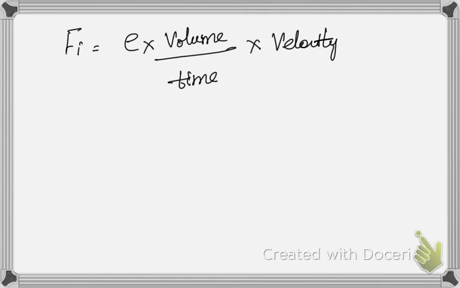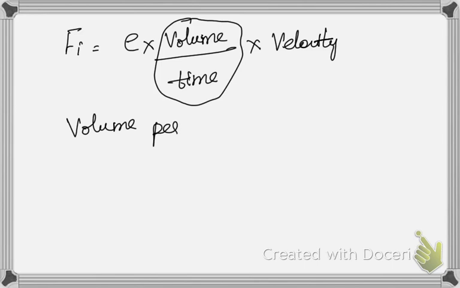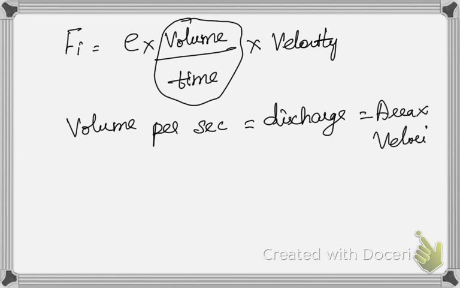What is volume per second? Anyone remember that? We call it discharge. So volume by time is nothing but discharge, and discharge is nothing but area into velocity.